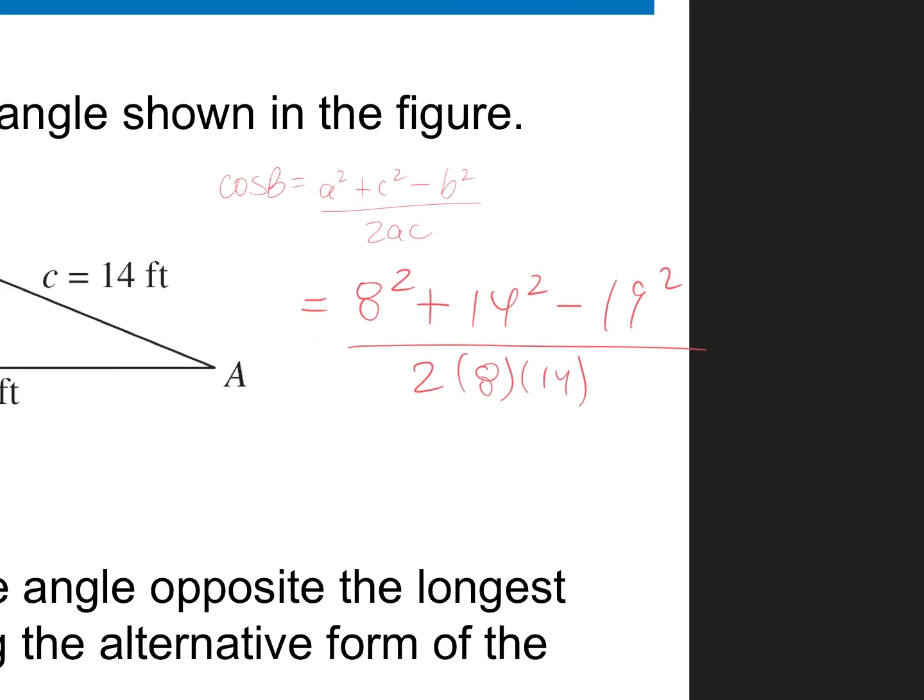Make sure you show me what you're putting in your calculator. Very important. Guys, simplify your numerator. What's 8 squared plus 14 squared minus 19 squared? No big deal.